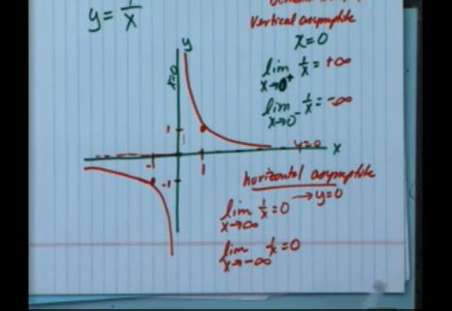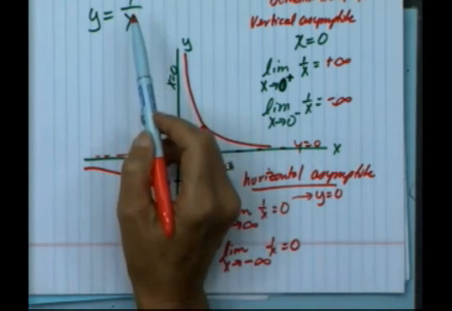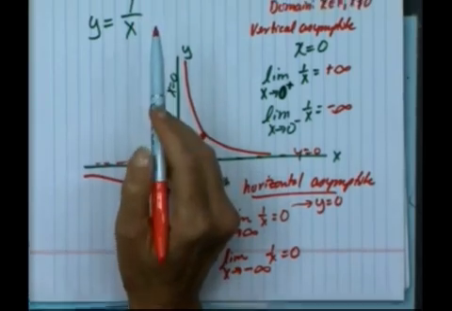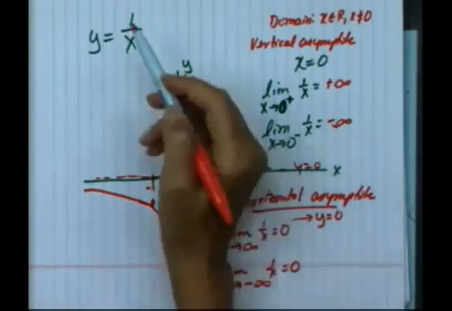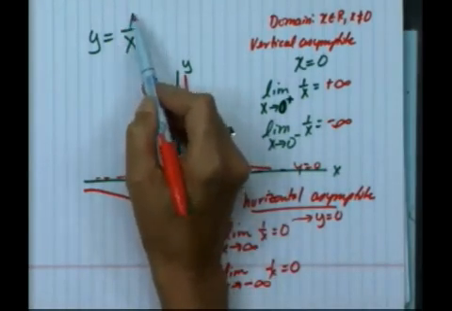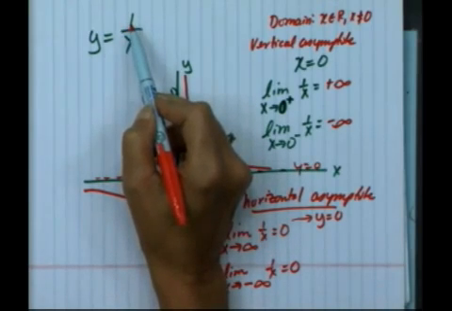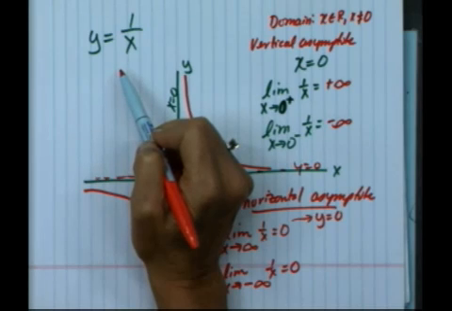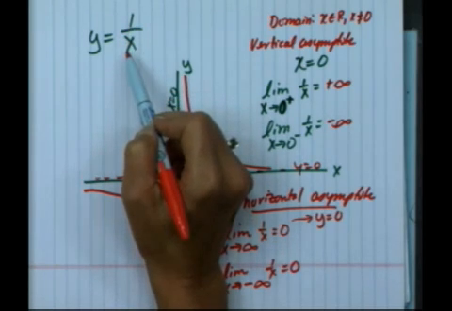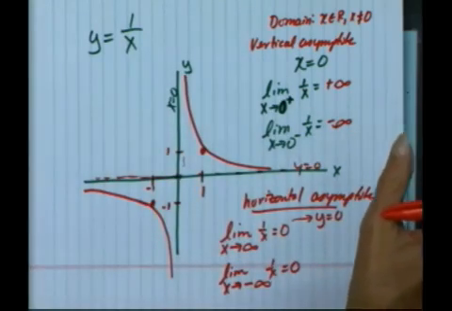Now, we have a little theorem in here that they want you to memorize. But I'm going to tell you what it is right now. This theorem, by the way, is on page 343. I'll come back to this in a second. But whenever you have a proper rational function, meaning the degree of the numerator is less than the degree of the denominator, you will always have y equal to 0 as a horizontal asymptote.